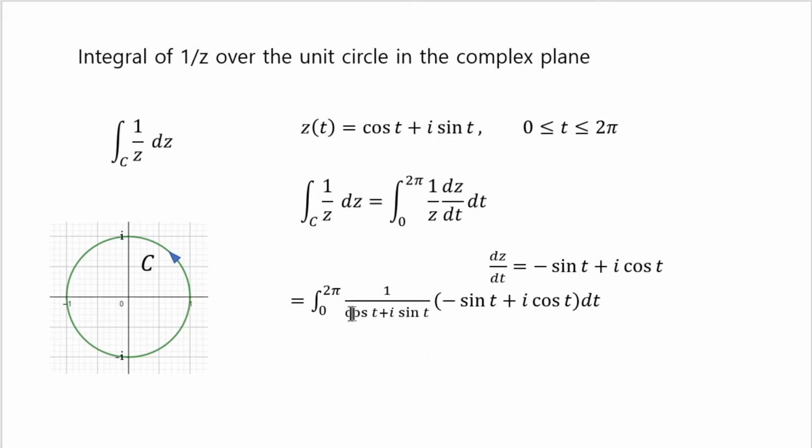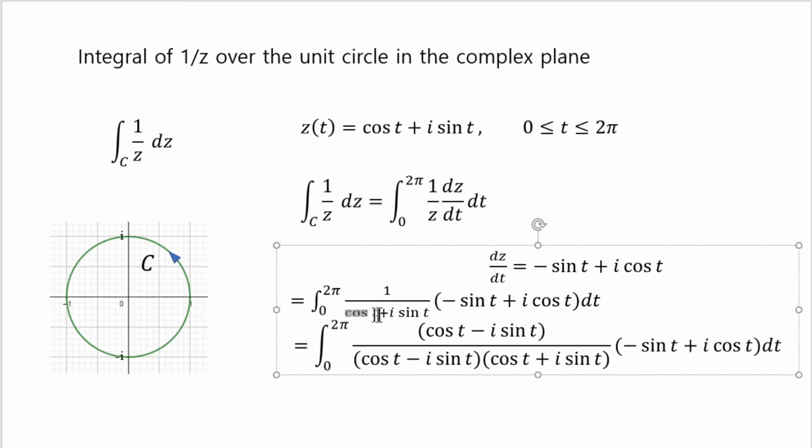And if you're wondering how to actually calculate that, you just need to multiply by the conjugate of this denominator, which is this. Conjugate means you just change the plus into minus, right? So you multiply this top and bottom, and the bottom becomes, if you expand this, you see that this becomes 1. And once that's 1, you can expand this and further calculate.